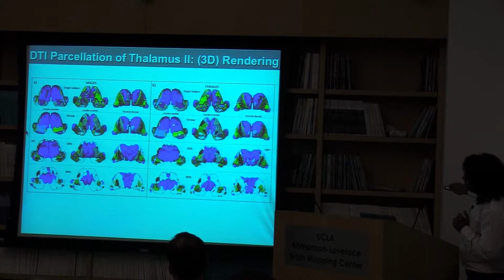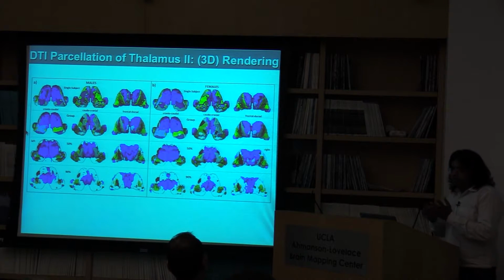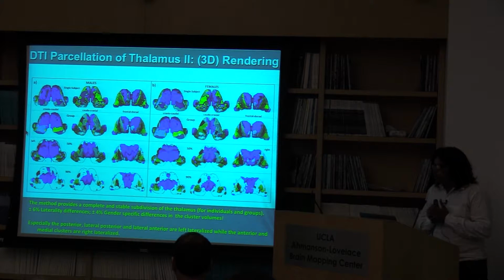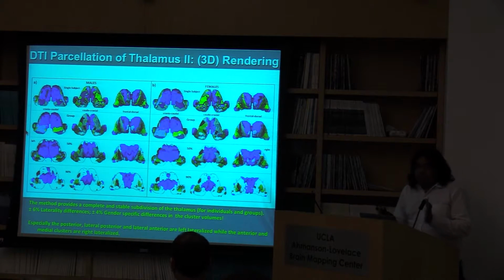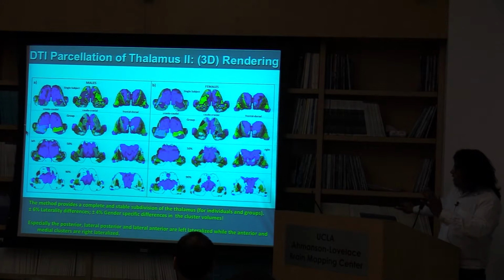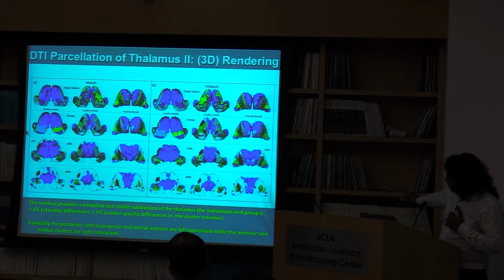These differences persist at the group level in the male as well as in the female group. At higher probability of 50% and 90%, only stable clusters remain but shrink in size. In general, we found approximately 6% laterality differences and 4% gender differences. Especially, posterior and lateral anterior parcels were left lateralized, and anterior and mediodorsal clusters were right lateralized.